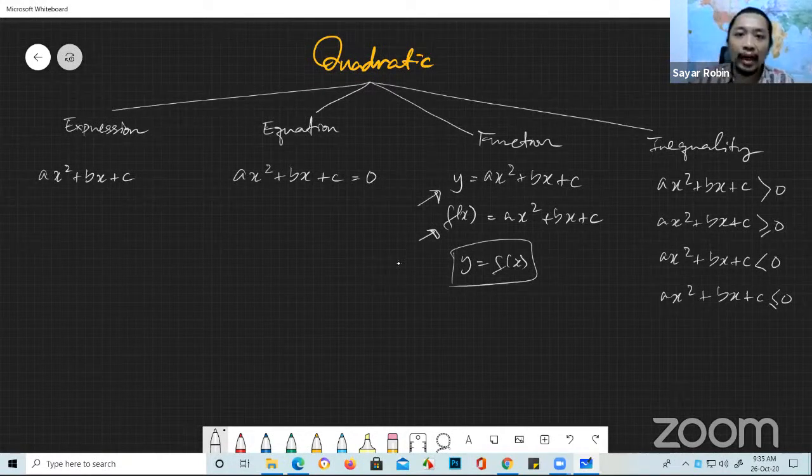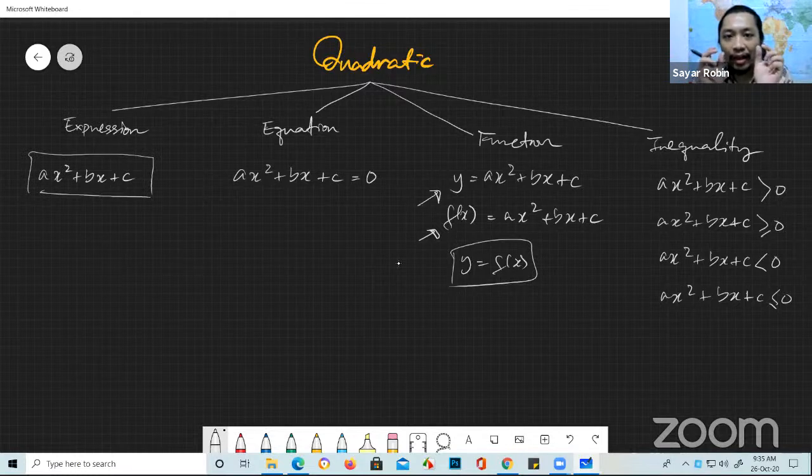We can write down an expression in algebra, and nothing is attached to the expression. If something is attached to that expression, it becomes an equation, a function, or an inequality. You have to understand it like that.